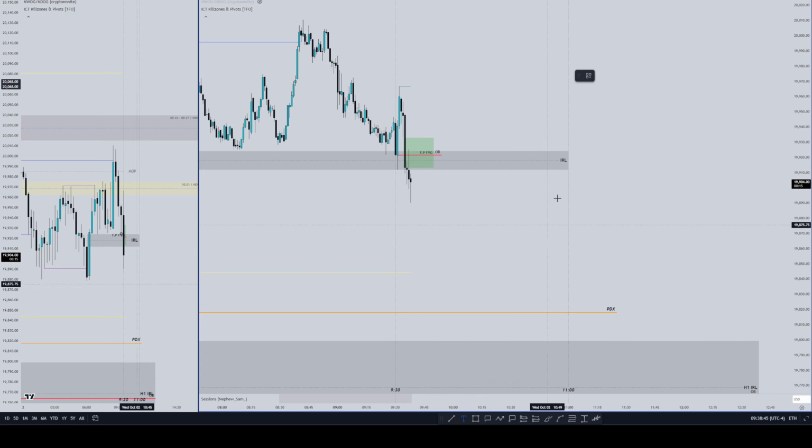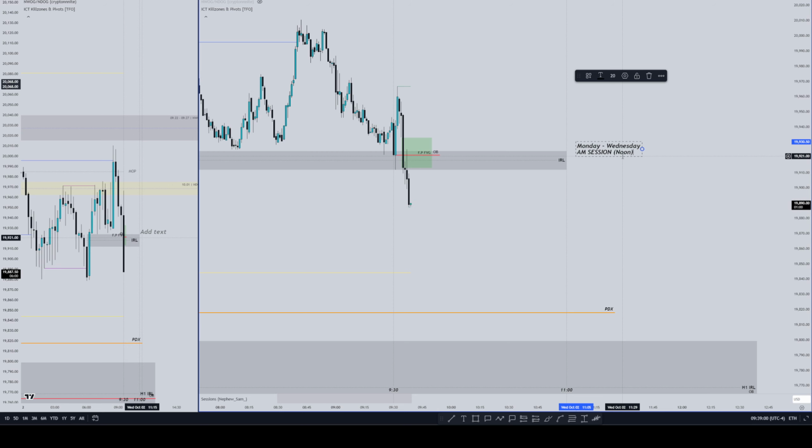So every NFP week, you're really going to be looking to trade between Monday and Wednesday AM session. So Monday, all of Tuesday, Wednesday up to the AM session. So really until noon. And then you're going to skip from noon all the way till Friday post 8:30.